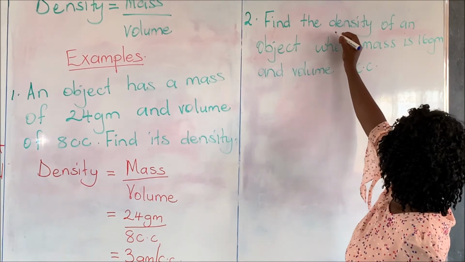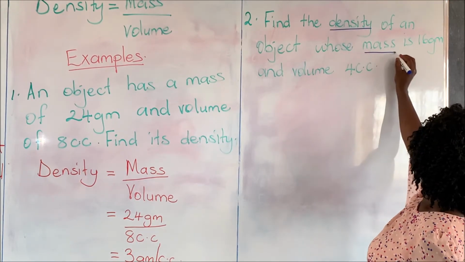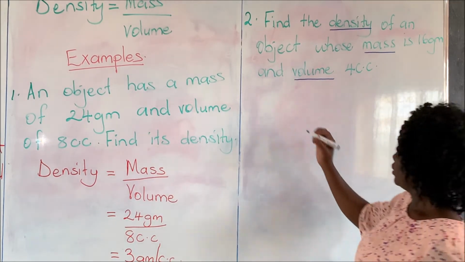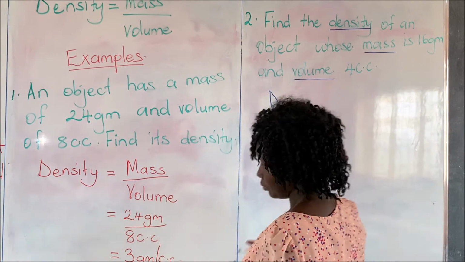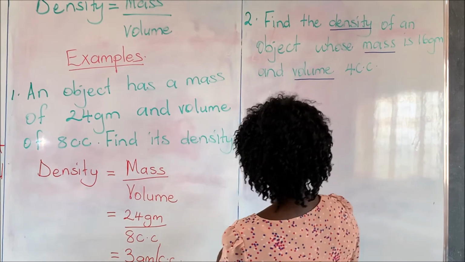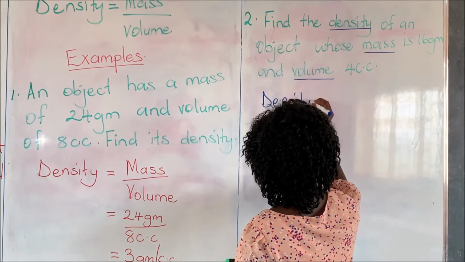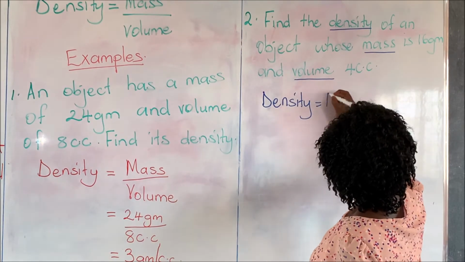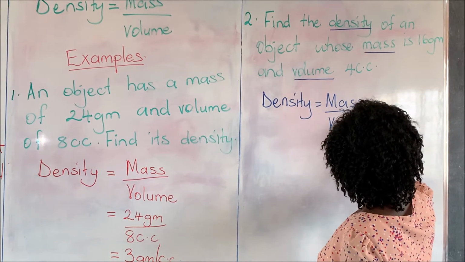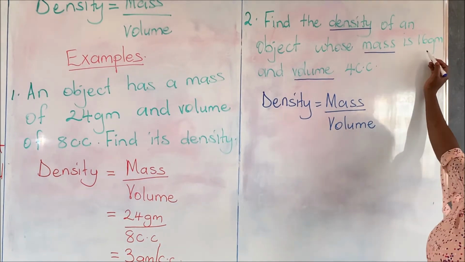What are they looking for? They are looking for density. What is given? We have the mass and we have the volume. Ask yourself, how do you get density? Density will be equal to mass of an object divided by the volume. Back to the question, what is the mass given? 16 grams.